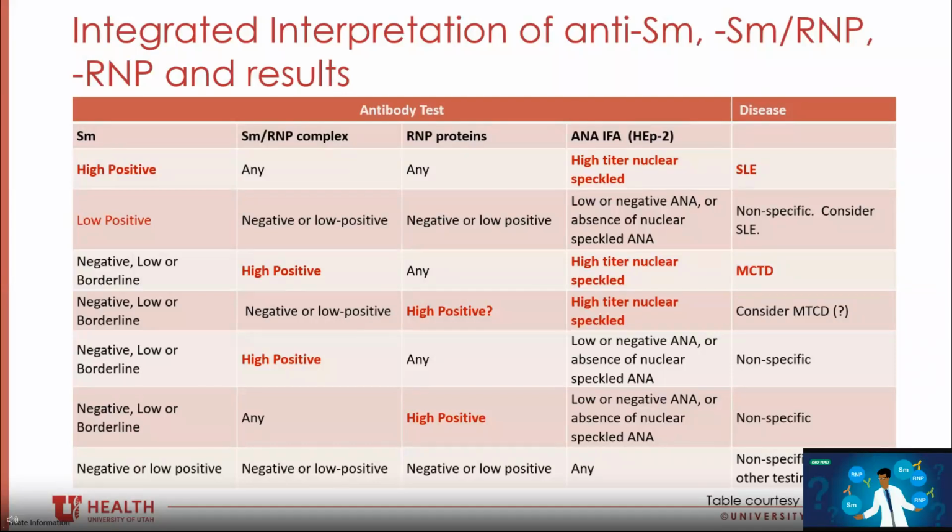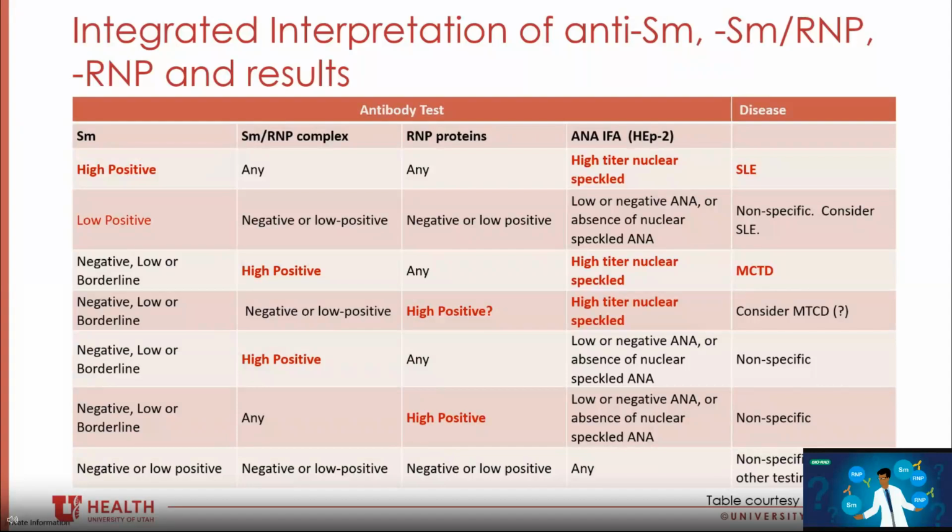In contrast, a high positive result for Smith antibodies and a high titer speckled ANA is associated with a diagnosis of systemic lupus erythematosus, regardless of whether antibodies to RNP-specific proteins or Smith RNP complex are present.